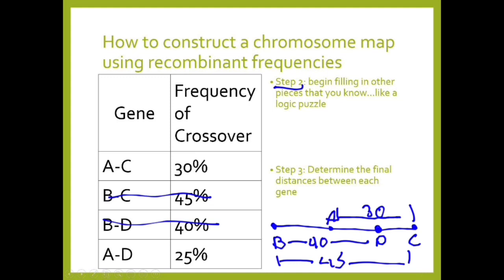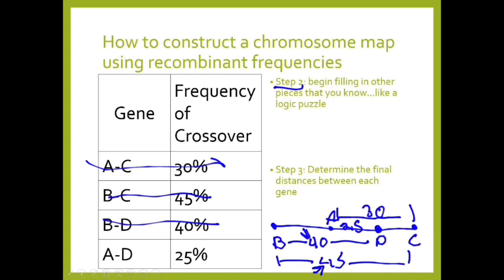Then I can go through and figure out the other ones. I know A to D, so this right here is 25. I don't have D to C, but I know that I've got 40 right here, and I've got 45. Sorry, other way around.